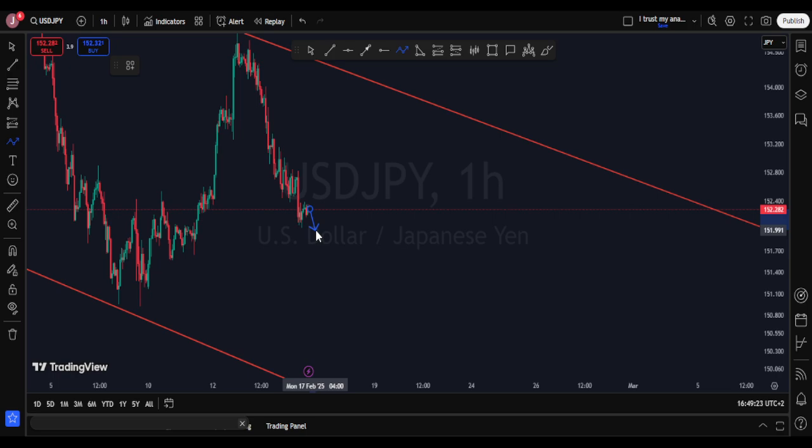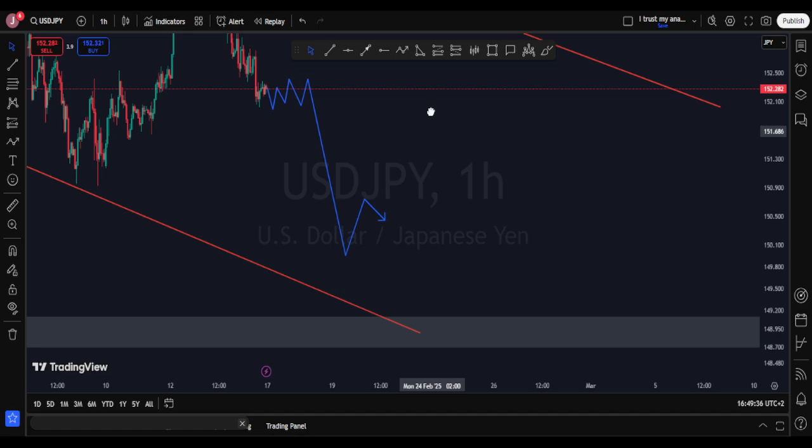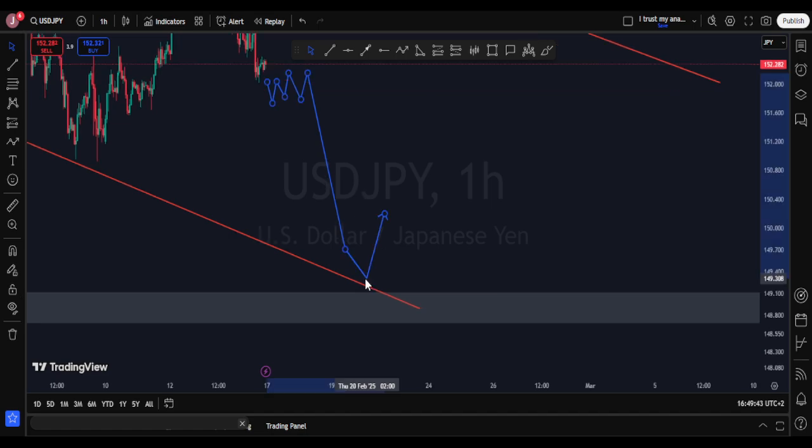It hasn't come yet, but it will probably come next week. And then look for the sells. Let me just adjust this, make this proper.